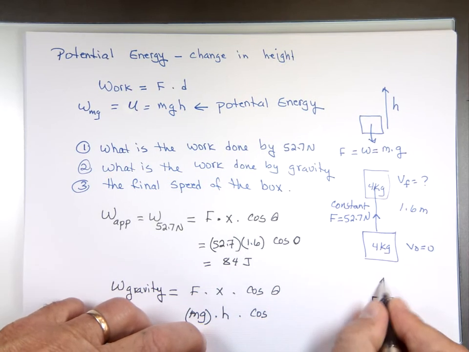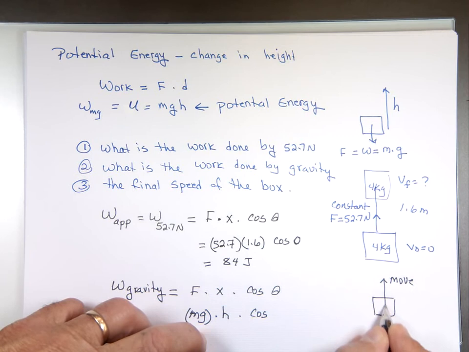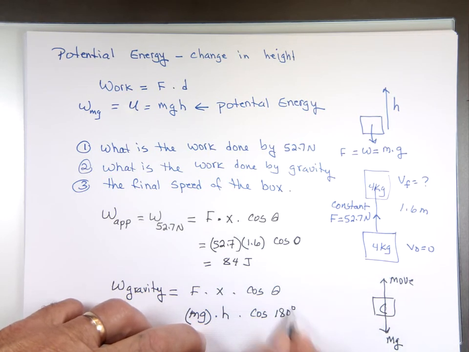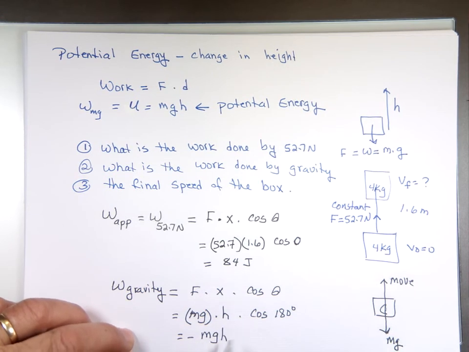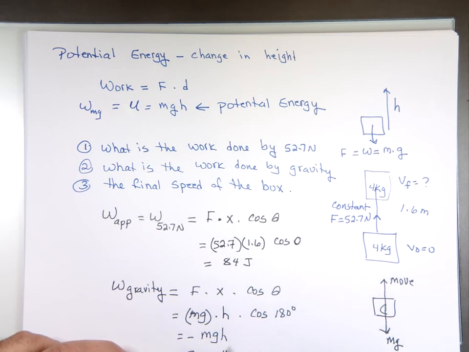Up. The angle is what? 180. That would be what? Negative mass times gravity times height. Negative because you're moving opposite direction. That's a negative. The mass, which is 4. Gravity is what? 9.8. The height is 1.6. Somewhere it looks like around 64, 63. Oh, turn the calculator on. 63 roughly. That's negative 63 joules.